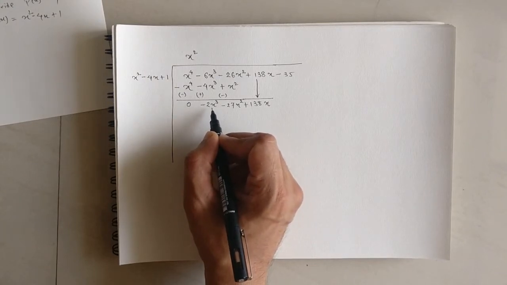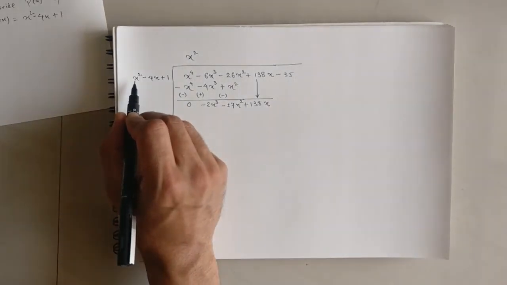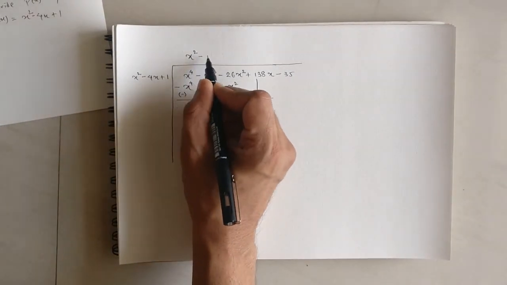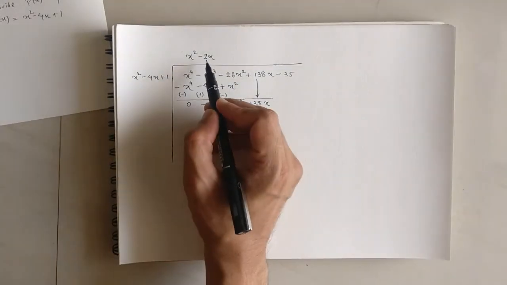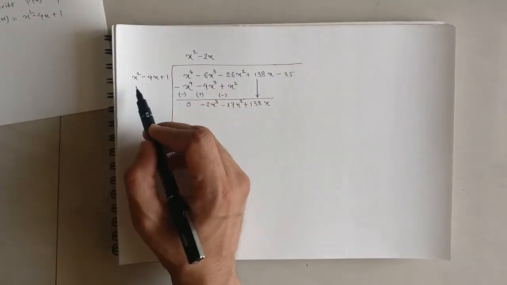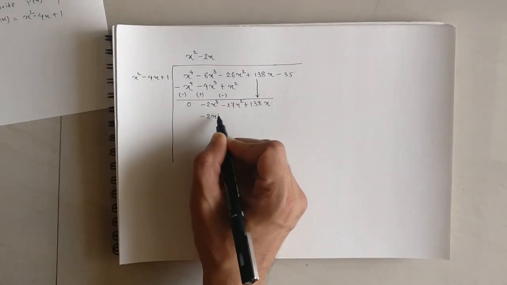Minus 2x cube divided by x square will become minus 2x. Minus 2x multiplied by x square is minus 2x cube.